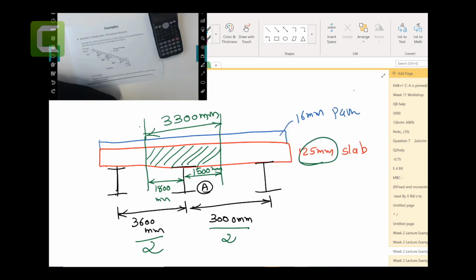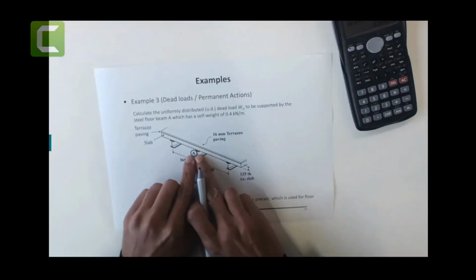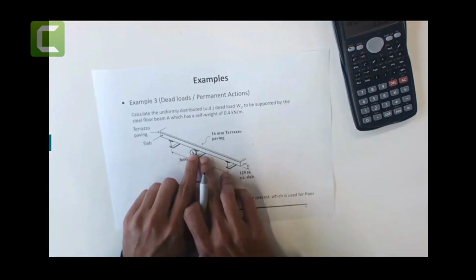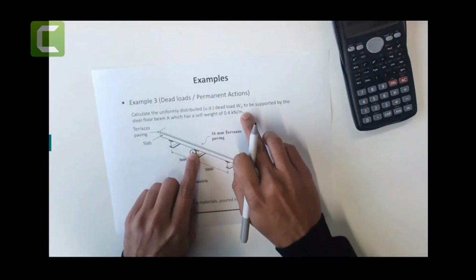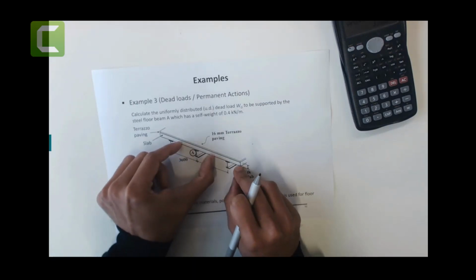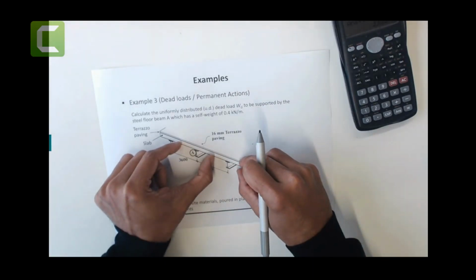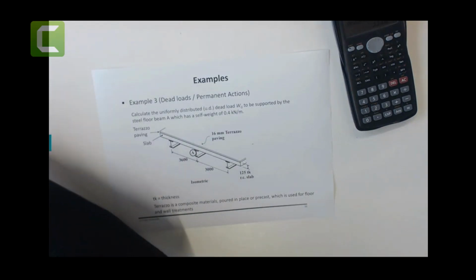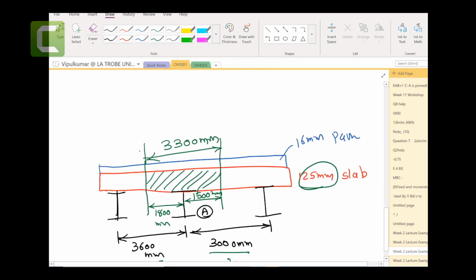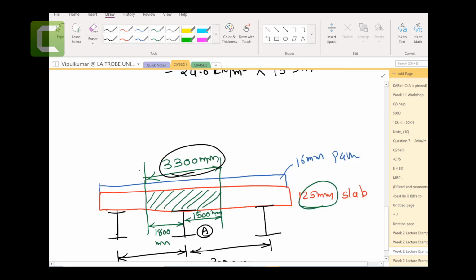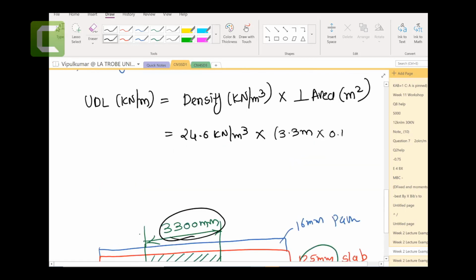So this guy, the area, the perpendicular area, because this guy is going to carry the density times by the perpendicular area. If I have UDL load going on this direction, the perpendicular area would be this 3.3 meters times by this thickness, right? So these guys will have this density area, 3.3 meters that we just calculated times by this thickness 0.125 meters.